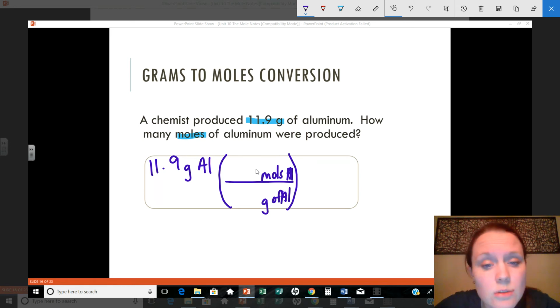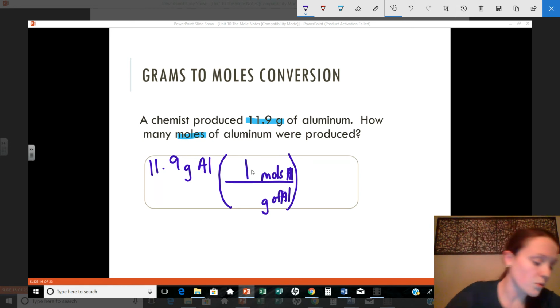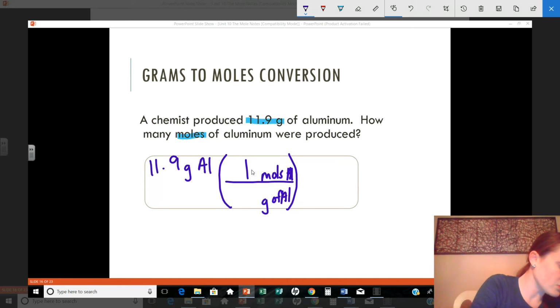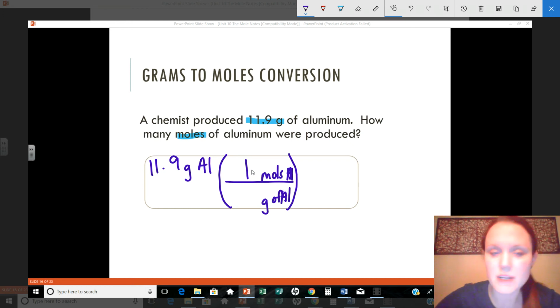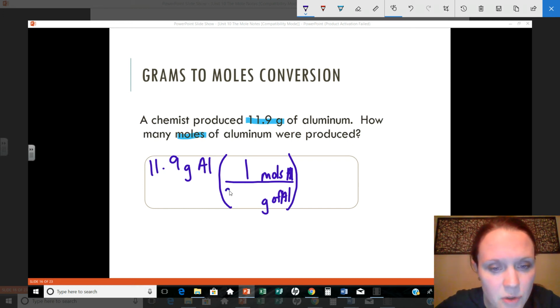If you find aluminum on the periodic table, you will find that 1 mole of aluminum has the mass of 26.98 grams.